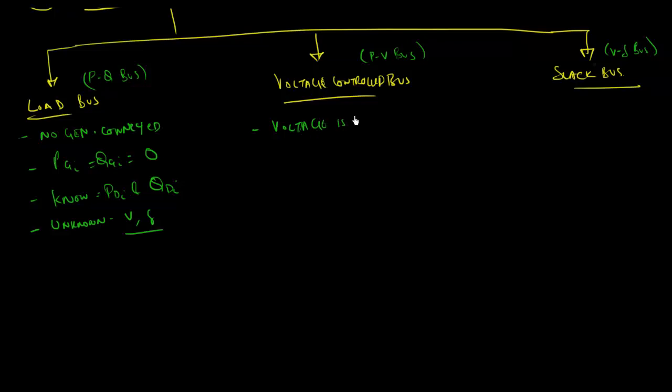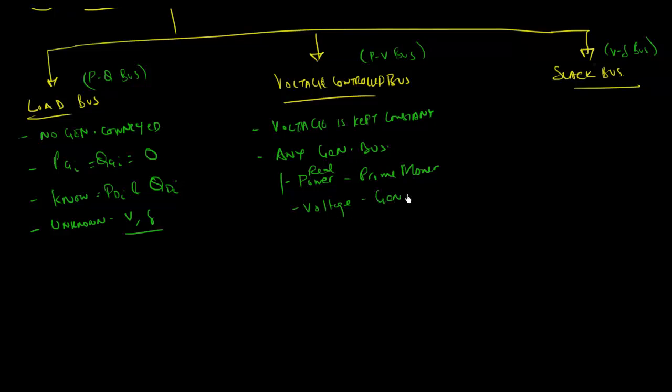So voltage is kept constant. So any generator bus, for example, would be a voltage controlled bus, because in a generator you can control your real power from your prime mover, and you can control your voltage using the generator excitation.